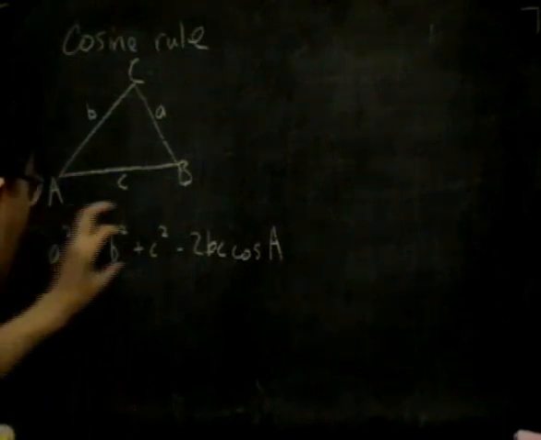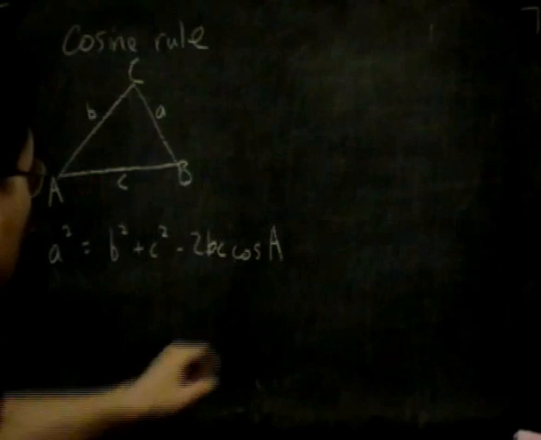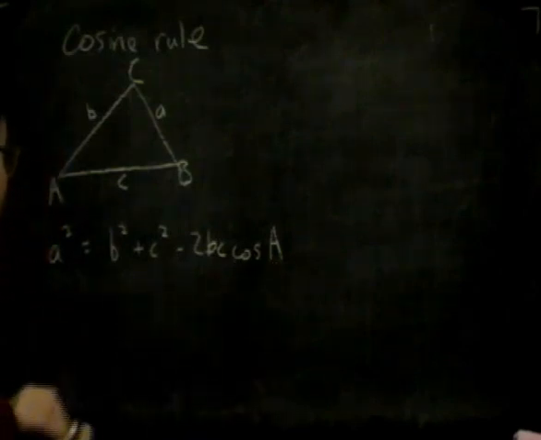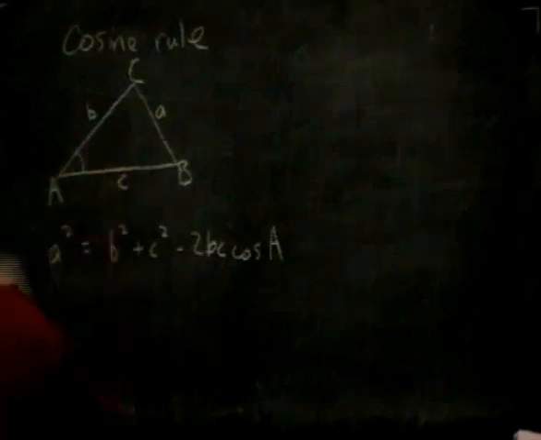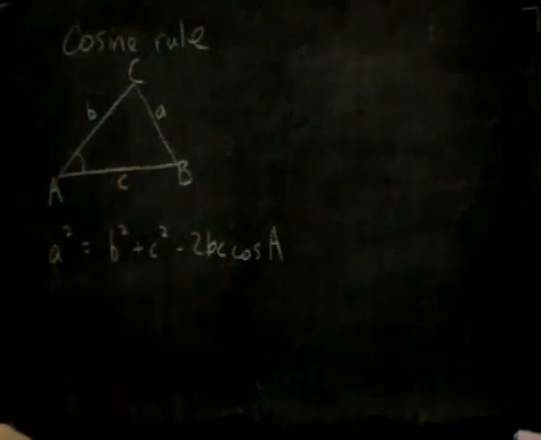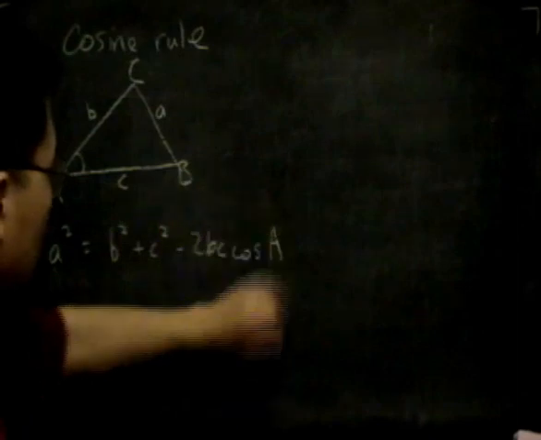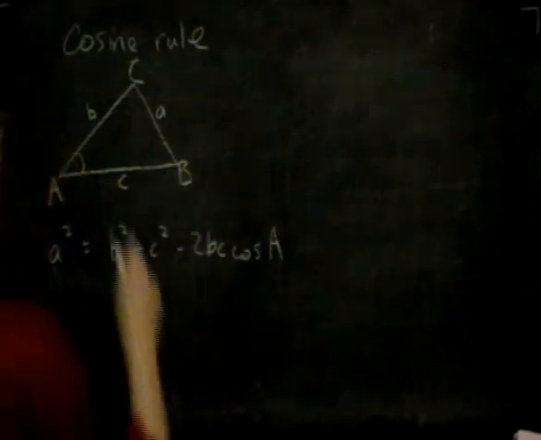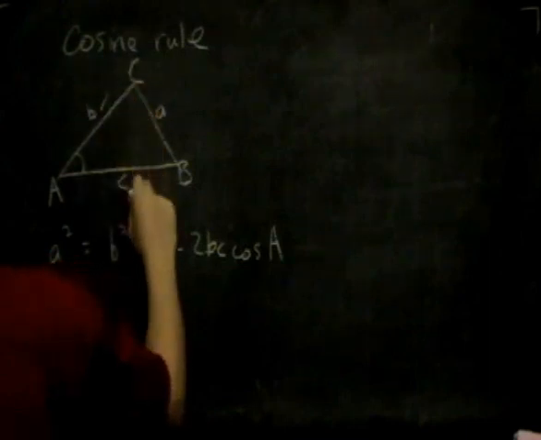Now let's have a look at what this is trying to do. Let's start with the cosine A. Now, the cosine A is this angle. And on the right side we have this angle, and we have the 2 sides b and c. We have this and this.